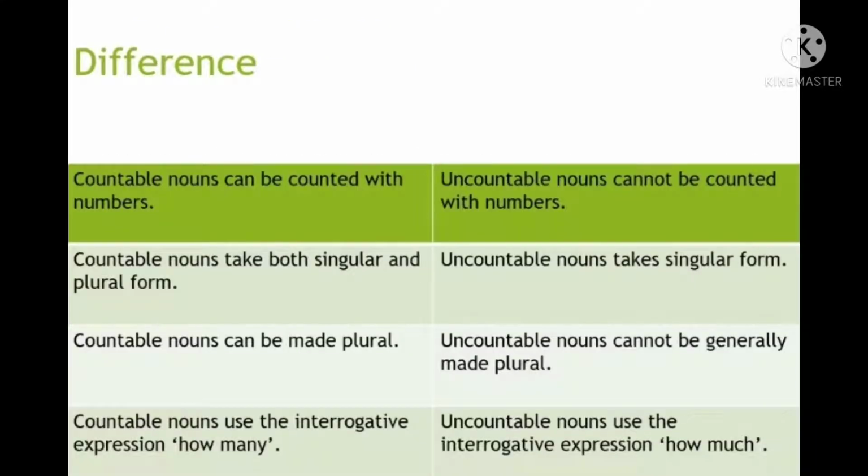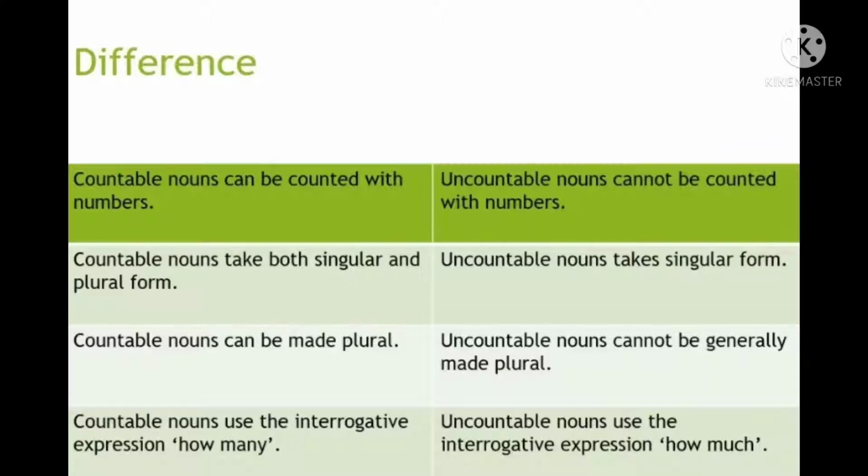Let us know some differences between countable nouns and uncountable nouns. Countable nouns can be counted with numbers. Uncountable nouns cannot be counted with numbers. Countable nouns take both singular and plural form, but uncountable nouns take only singular form.